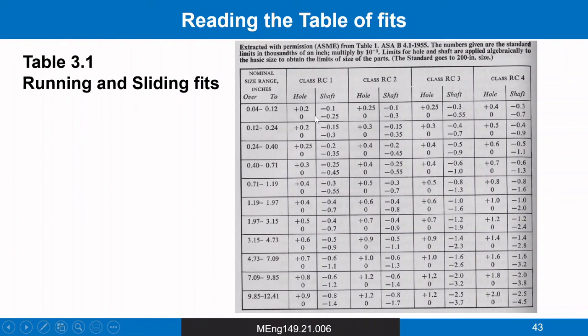So if you're given this type of close running fit, diri ka mangita niya. Okay, now unsa man ning hole ug shaft.